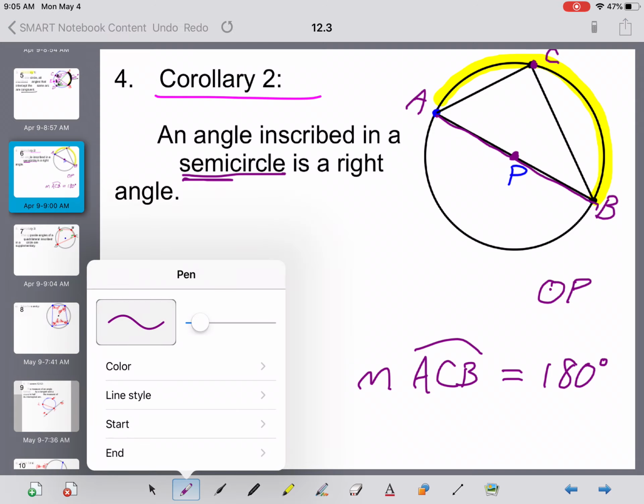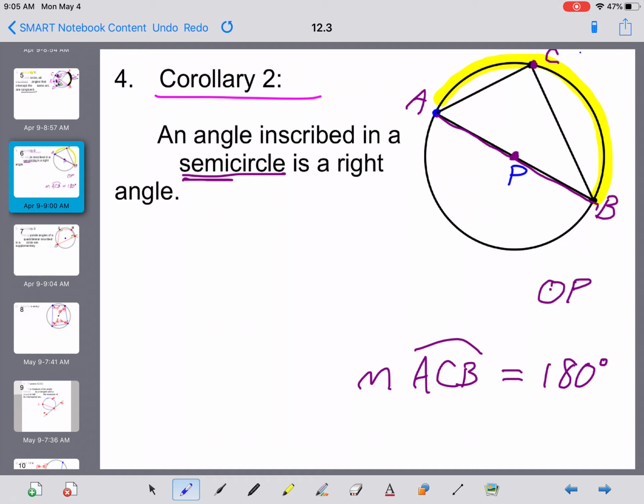Actually, I want to look at this another way right here. So if the measure of the yellow arc on top is 180 degrees, and the entire circle is 360, that means we also have a 180 degree arc down here on the bottom. It's impossible to have one semicircle without having a second. And now if we think about what's going on here, point C is located on the circle, and its sides are chords of the circle.